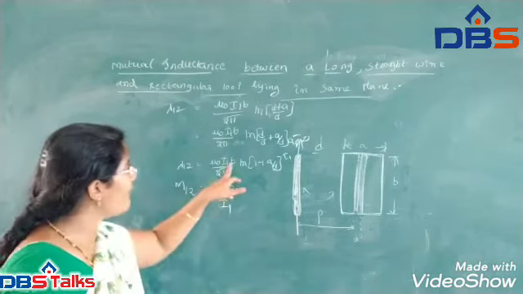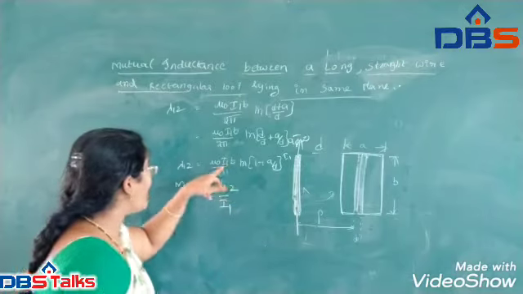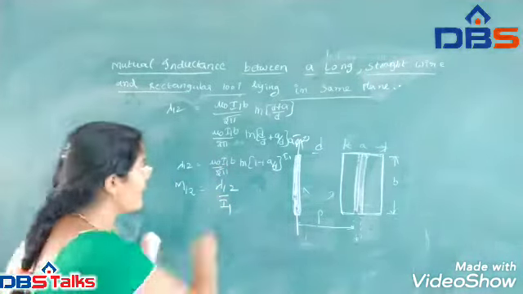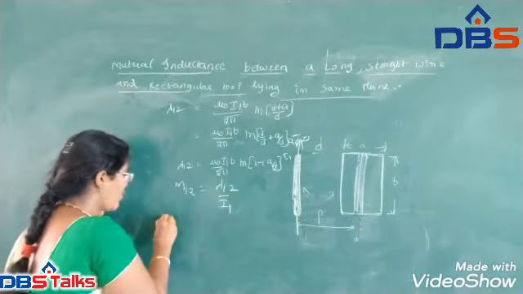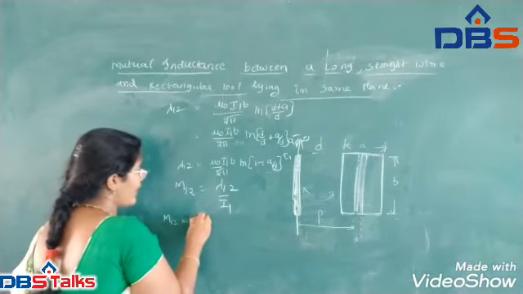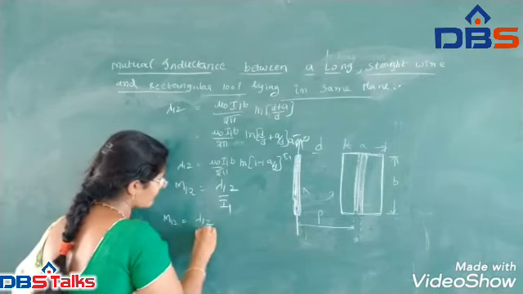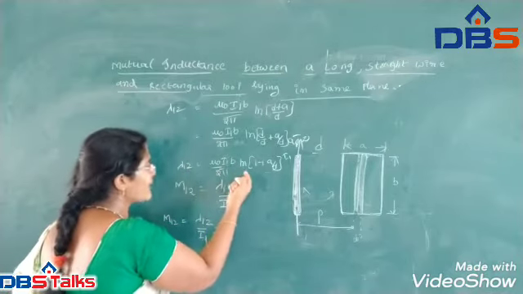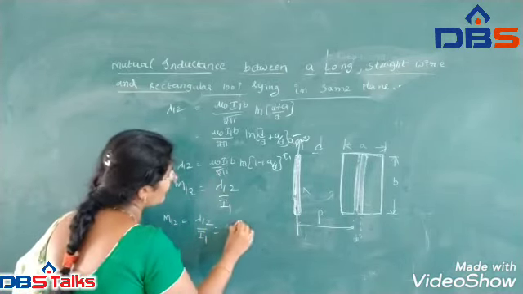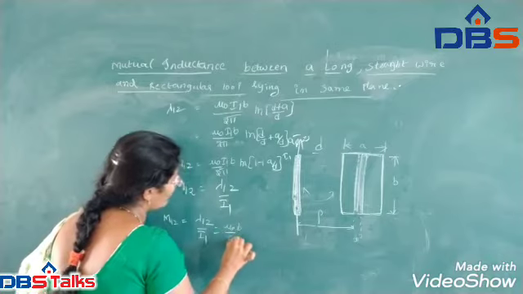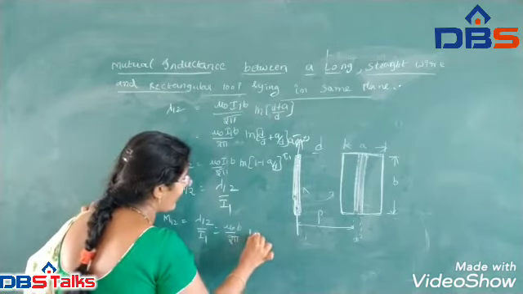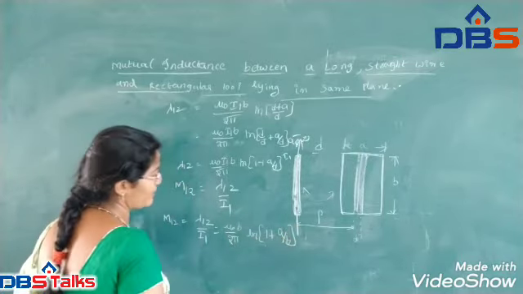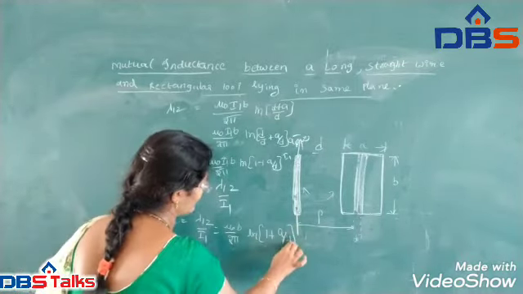Placing I1 on this side, the remaining term will be mu naught B divided by 2 pi ln of 1 plus A by D. Sorry, A by D.